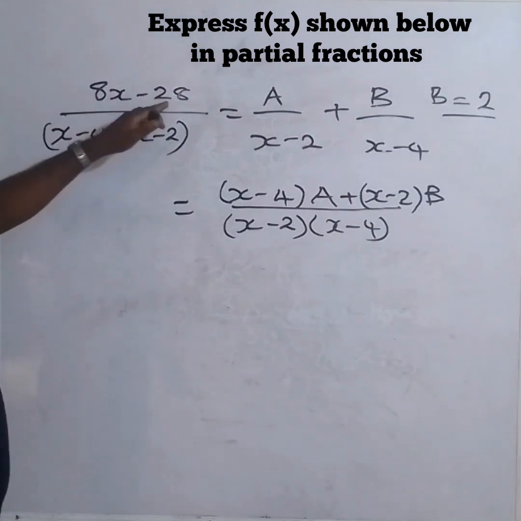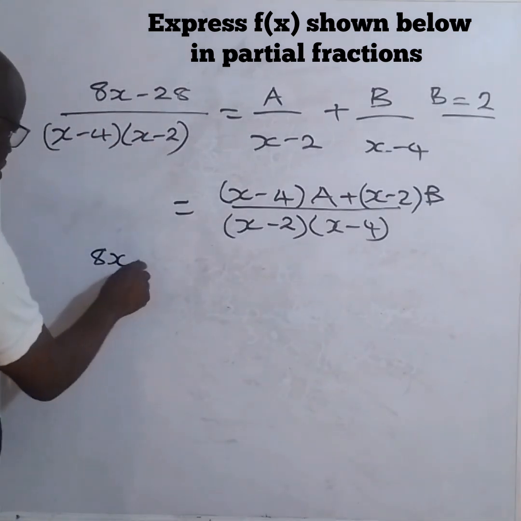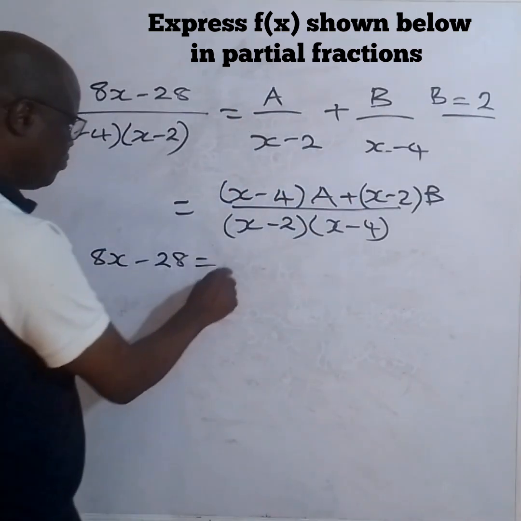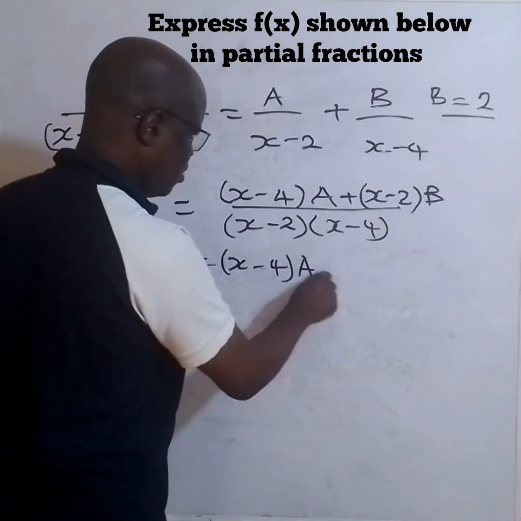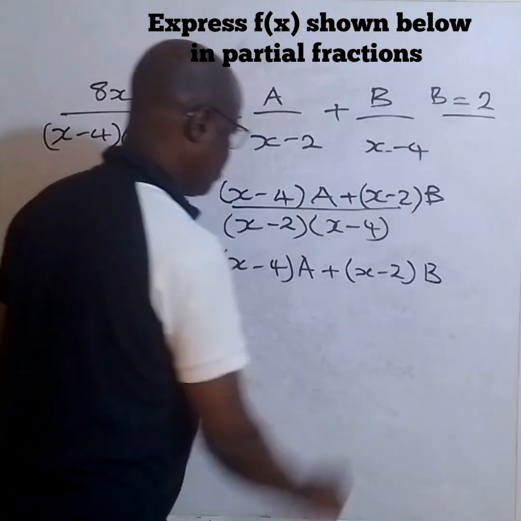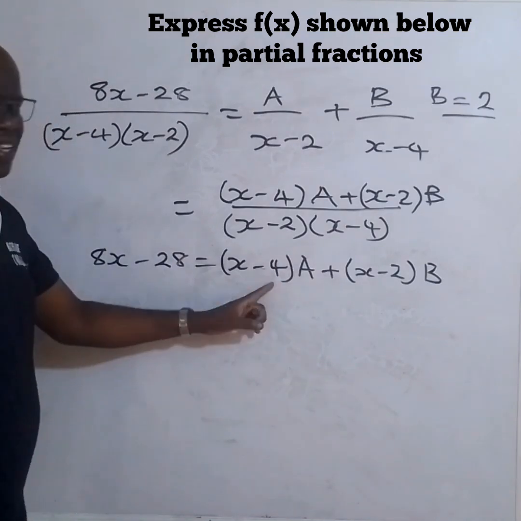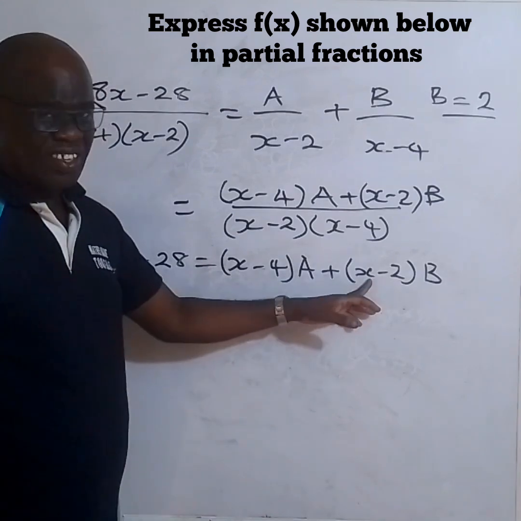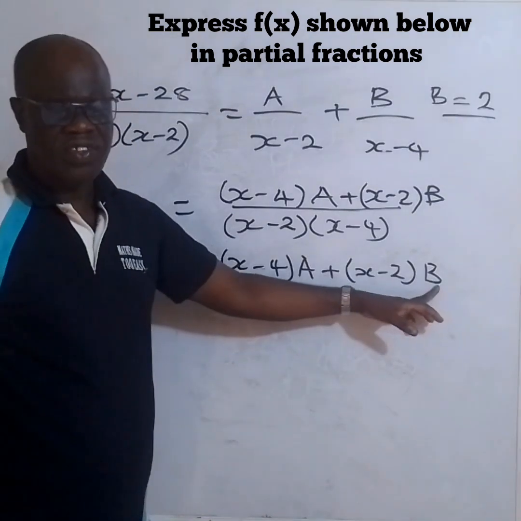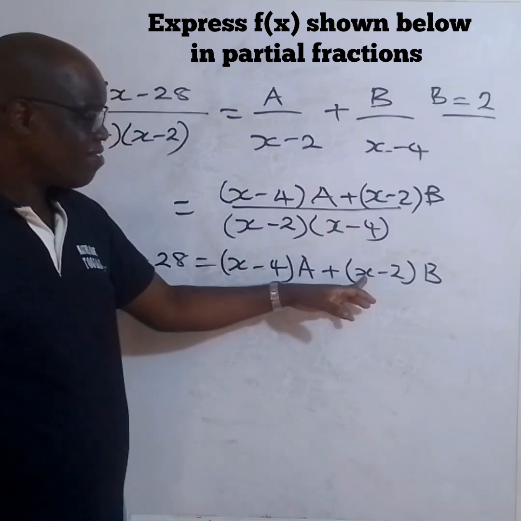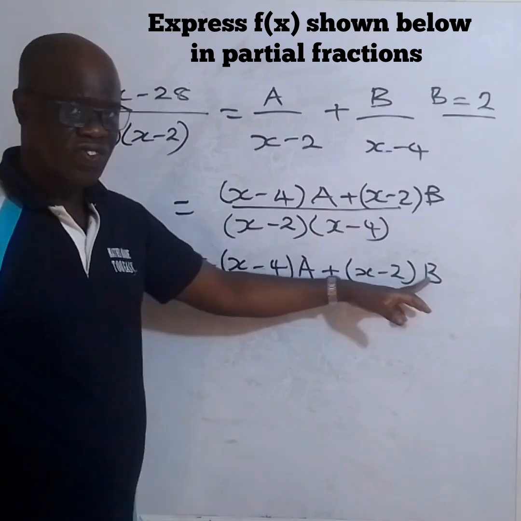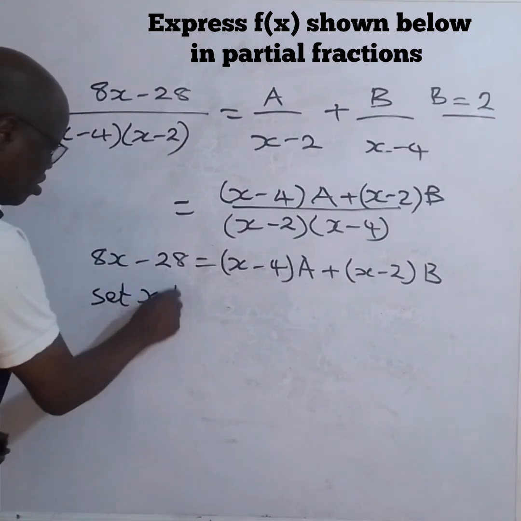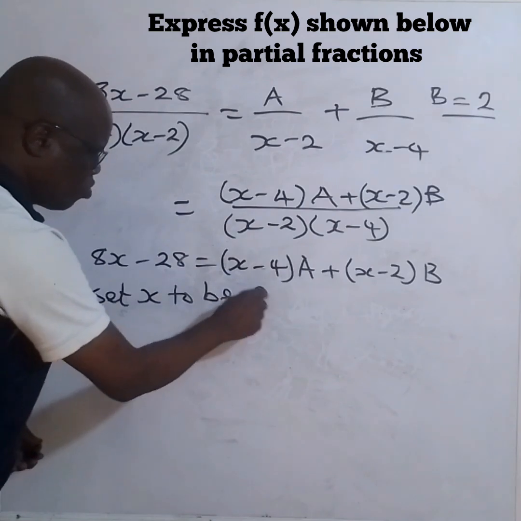So we now do the same thing to get what our A will be. Our 8x minus 28 is equal to this one. Now, we want to get our A. We now go to this and set our x in such a way that this will give us 0. So let's put x to be 2. 2 minus 2 is 0. So set your x to be 2.